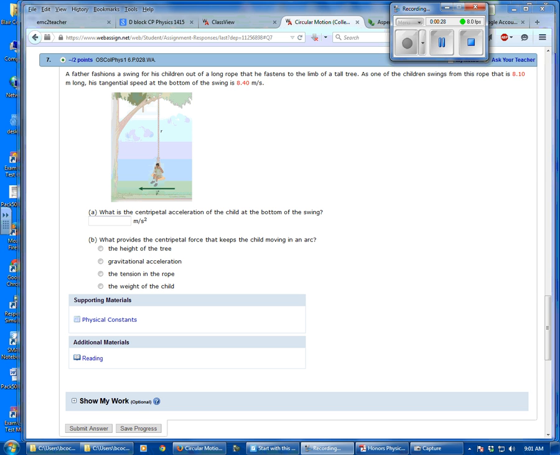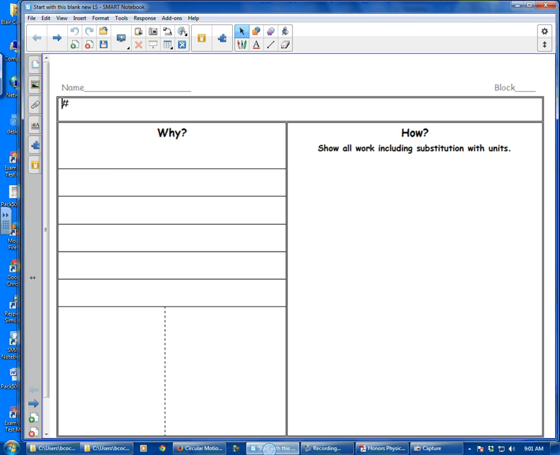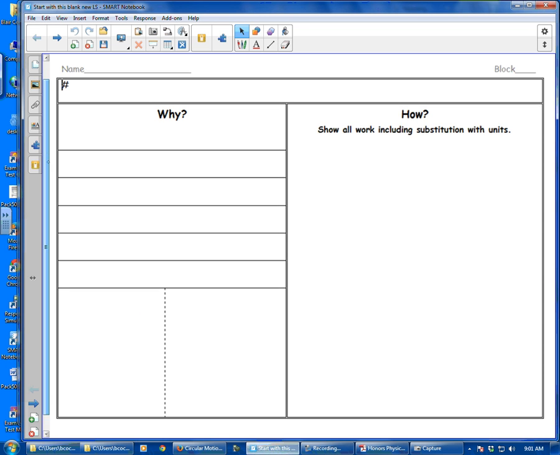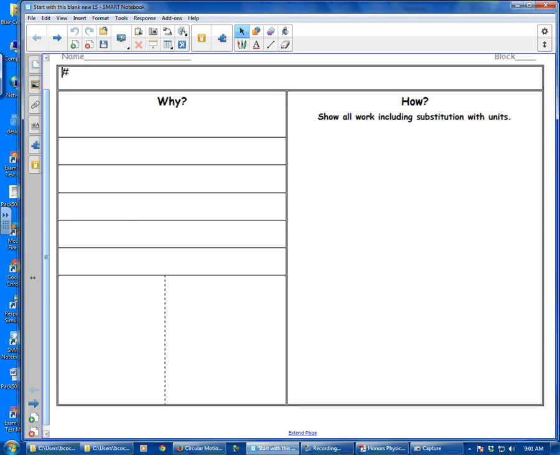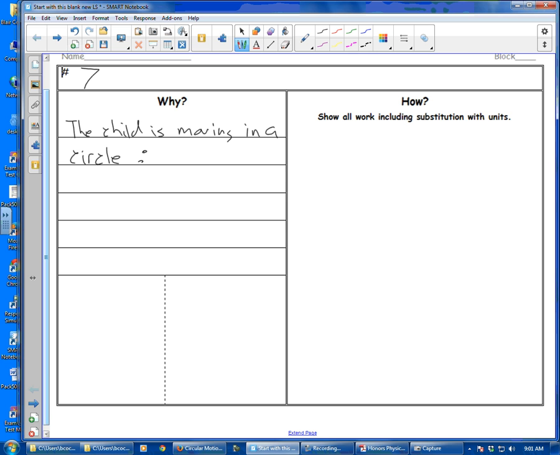Alright, so let's start with the fact that in number 7, the child is moving in a circle. Therefore, they must accelerate towards the center.